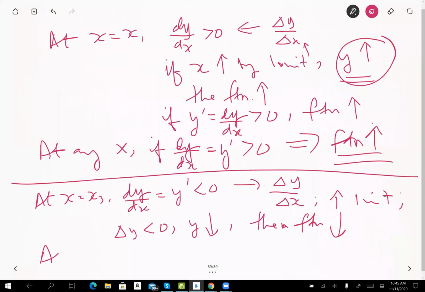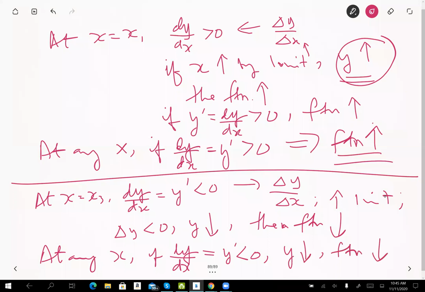At any x, not just x3, if the derivative at that x is negative, then what about the function? The y is going down. In other words, the function will decrease.